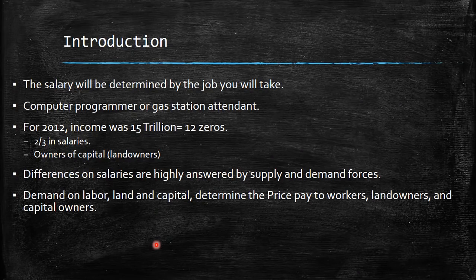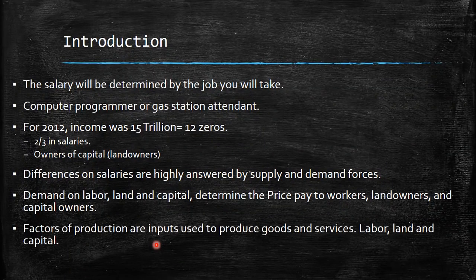When we have the demand for labor, the demand for workers, the demand for land, the quantity of land we use to produce, and the quantity of capital, meaning the computers and machinery necessary to produce, then you determine the price that will be paid to workers, to landowners, and to capital owners.